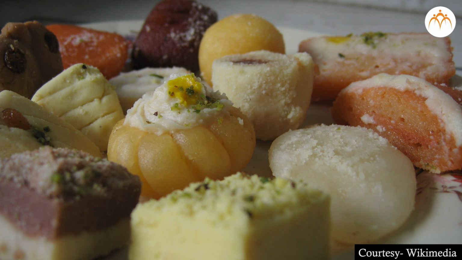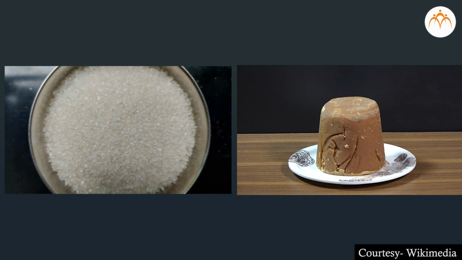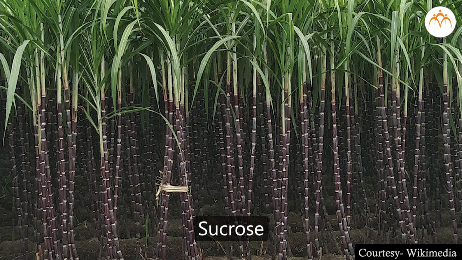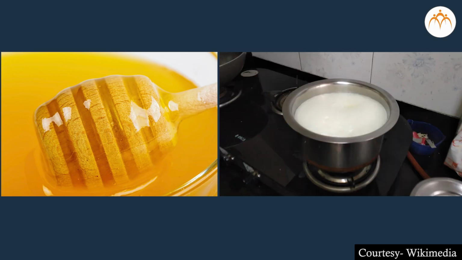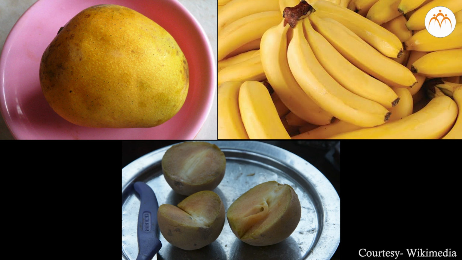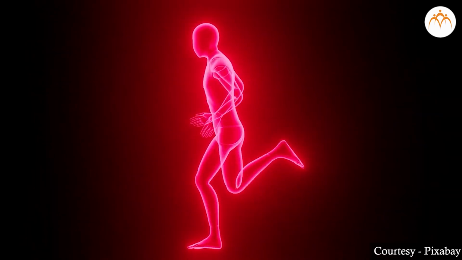For example, we obtain sugar and jaggery from sugar canes because they have sucrose. Similarly, ripe fruits like mango and bananas have fructose. Honey and milk also have their own kind of glucose. Glucose also provides energy to our body.